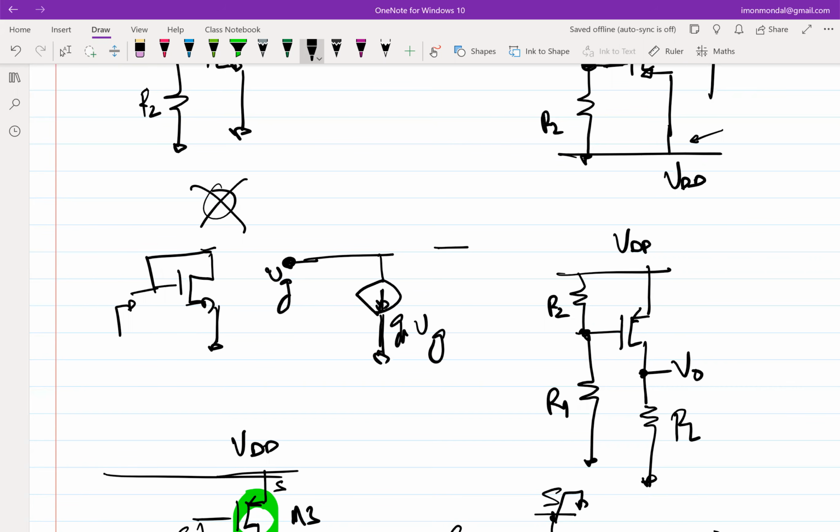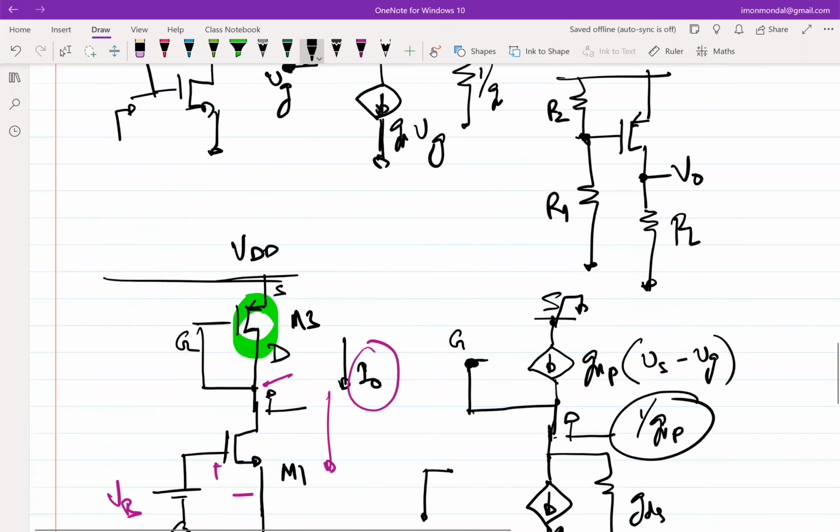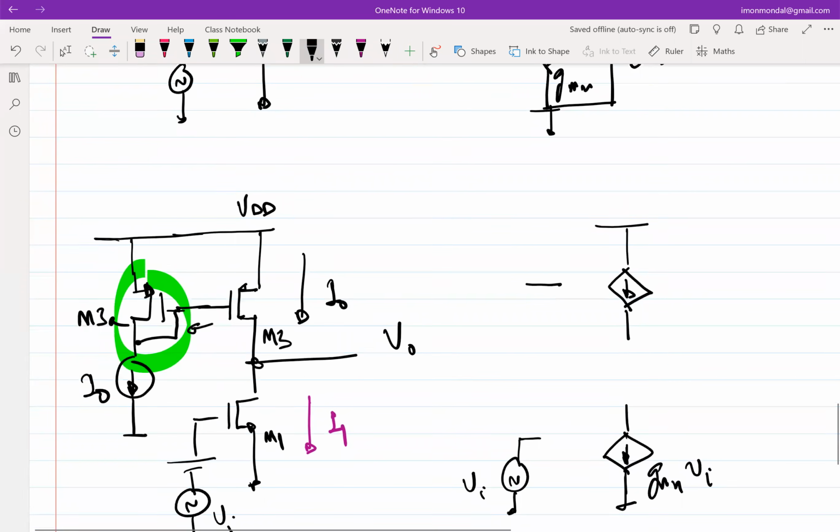So this is equivalent to 1 over GM to ground, isn't it? But for our case, it doesn't really matter, because this voltage will also be ground, because I'm not pulling any current through that 1 over GM resistor, which means no incremental current.